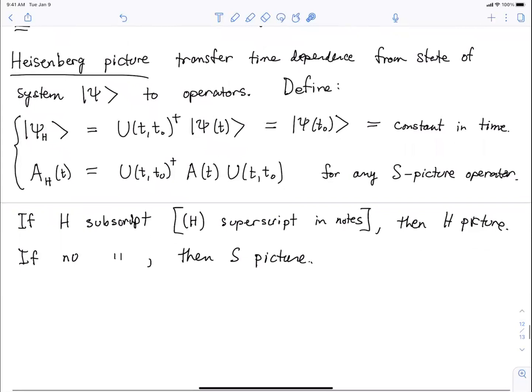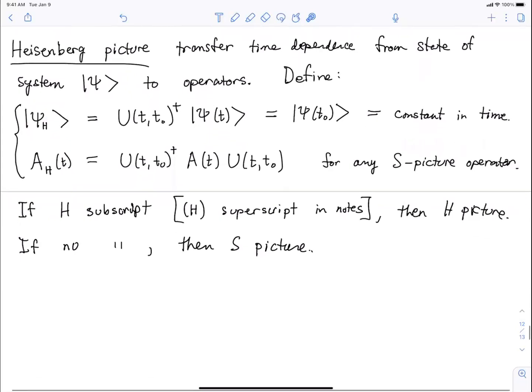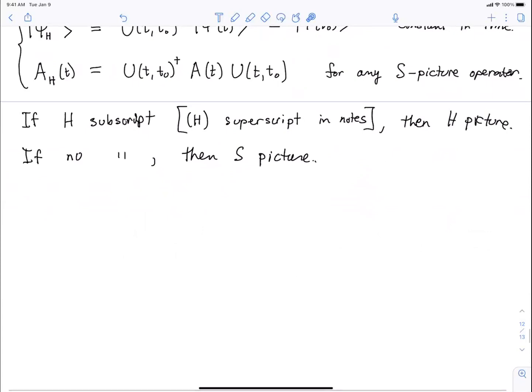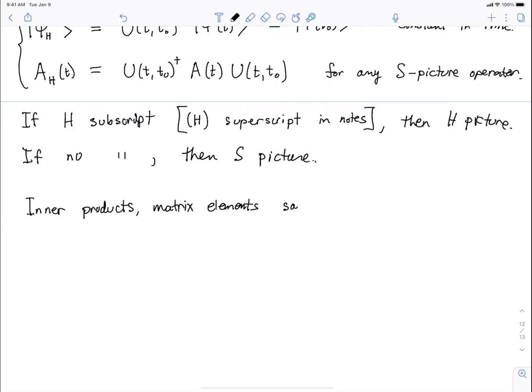Okay, so the first thing we need to do is figure out why this is a useful thing. It's a useful thing because Heisenberg picture and Schrodinger picture have exactly the same physics. And there's one short calculation we can do to prove that. And that calculation is to notice that in both pictures, inner products and matrix elements, which are the things we use to calculate probabilities and therefore make predictions, are the same in both pictures.